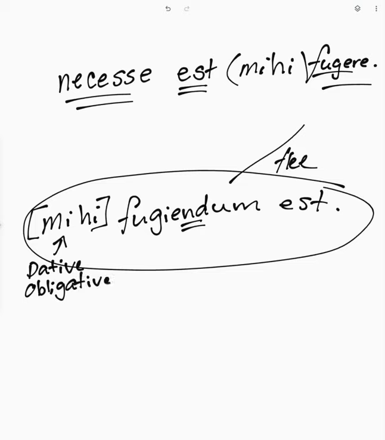I misspelled obligation. How would you translate this? Well, our dative of obligation is the one that is doing the action. So I would still just translate this as, despite the fact that it's dative, I. This ND lets us know it's a gerundive, so I'm going to just put must to let us know it's gerundive and then translate it. I must flee. That is how you translate a gerundive.